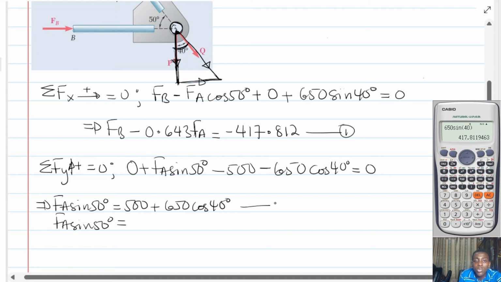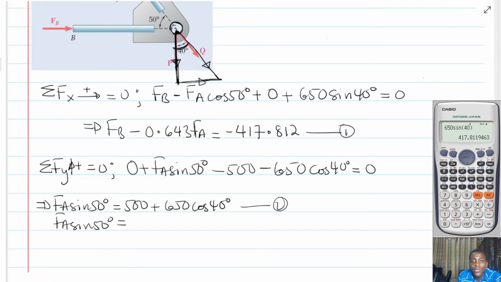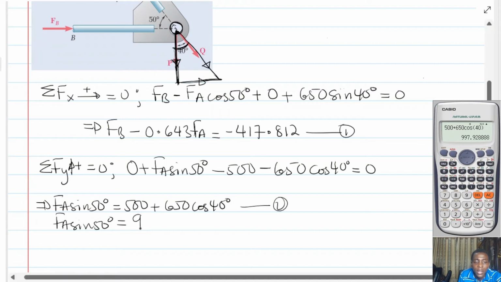This equation is supposed to be our equation 2. So 500 plus 650 cosine 40 is 997.92888. Let's say 997.93.